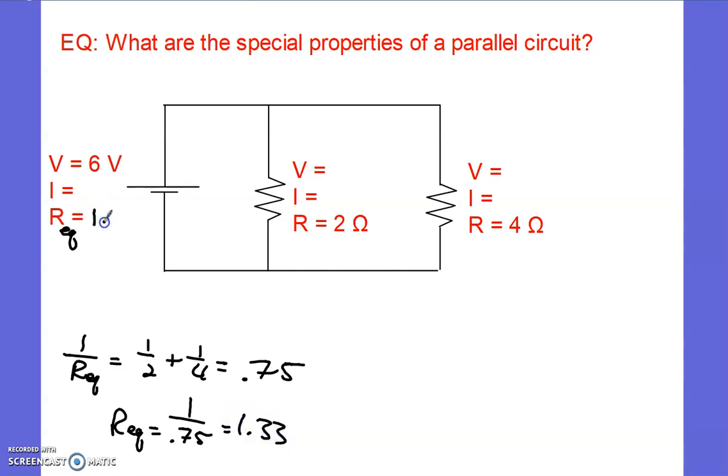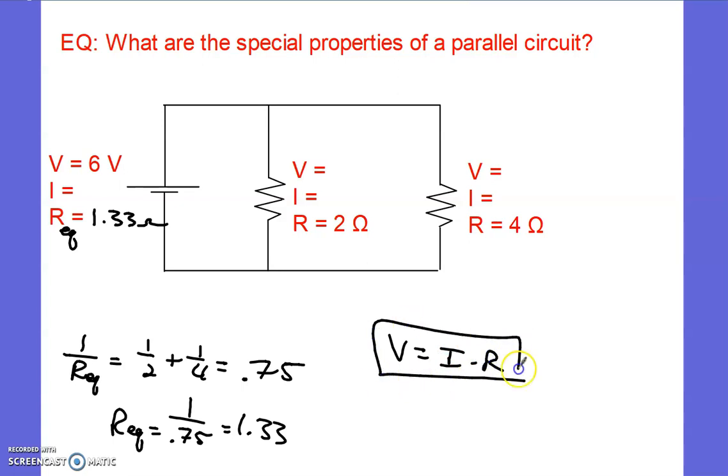I'll just round it off to 1.33 ohms. Now, once we know 2 out of the 3 values, we can solve for the third using Ohm's law. We have 6 equals I times 1.33, and we get I to be 4.5 amperes.